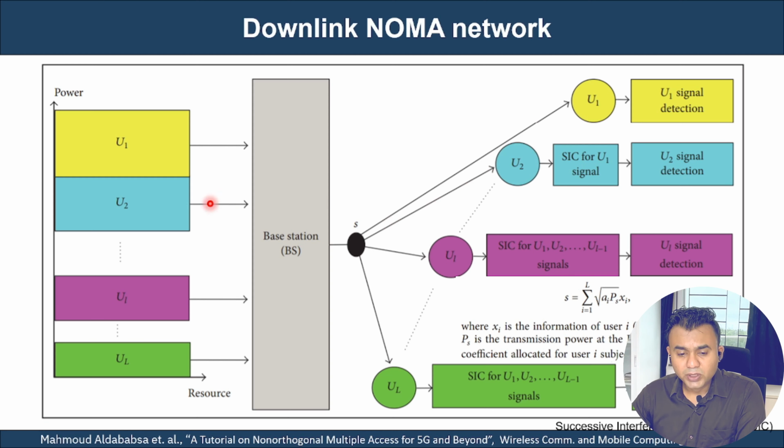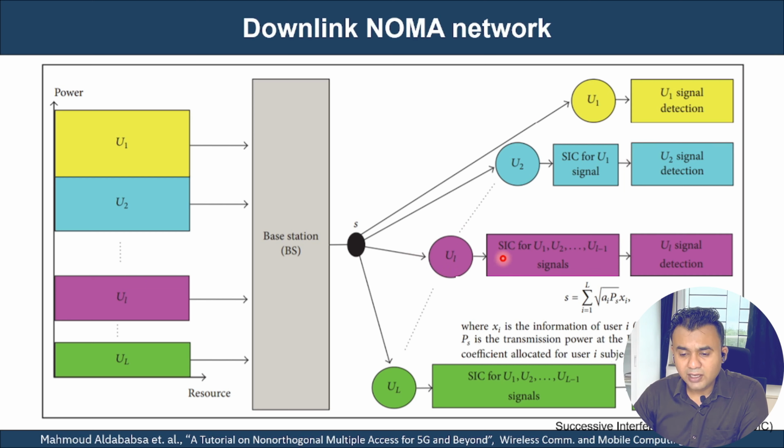User 2 has the second largest power, so it has to do successive interference cancellation for U1 and ignore the lower powers of the other users, which are received with lesser power compared to U2. For those we don't need to do successive interference cancellation; we can just ignore them. But we have to do SIC for U1 and receive the signal for U2.